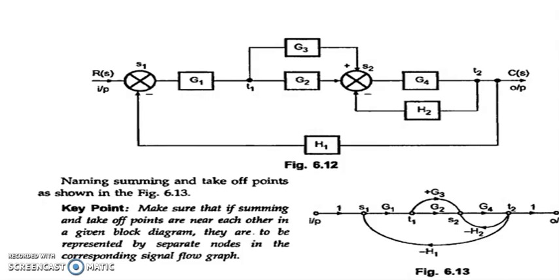Now we have an arrow from S1 to T1 with a gain G1, and from T1 to S2 we have two gains, one is G3 and the other one is G2. From S2 to T2 we have one G4 and a feedback loop minus H2, and from output to S1 we have one feedback loop minus H1.